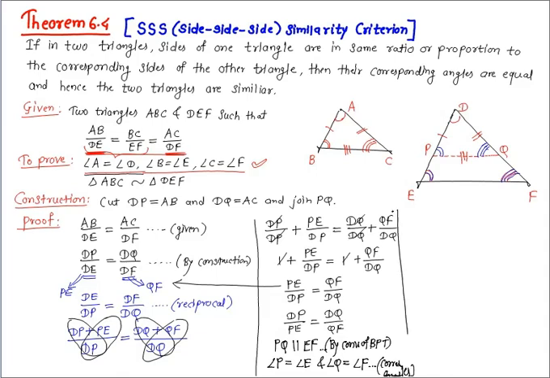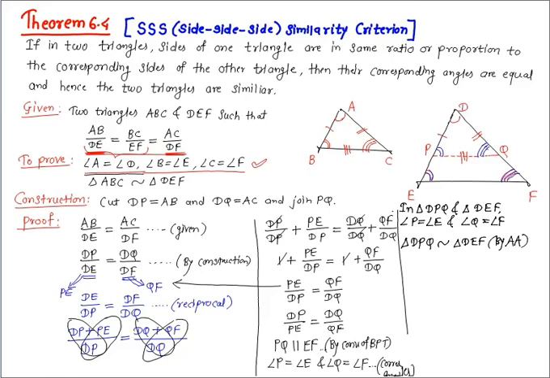So we can write in triangle DPQ and triangle DEF, angle P is equal to angle E and angle Q equals angle F. And therefore, triangle DPQ is similar to triangle DEF by AA similarity criteria.